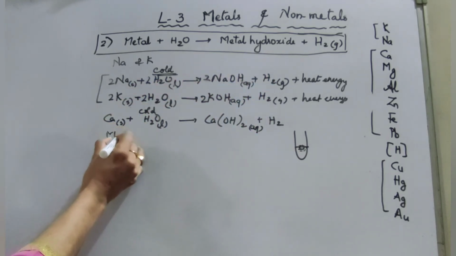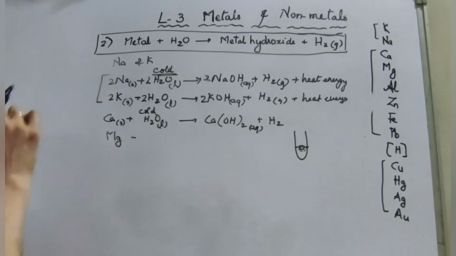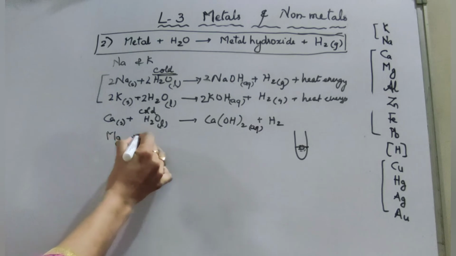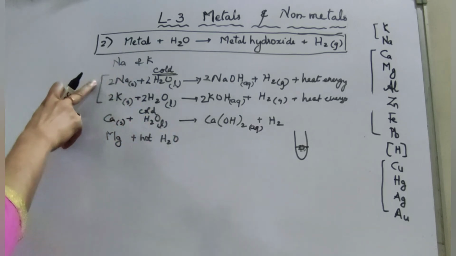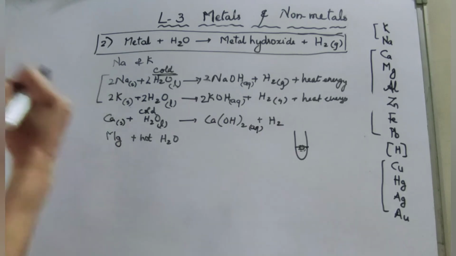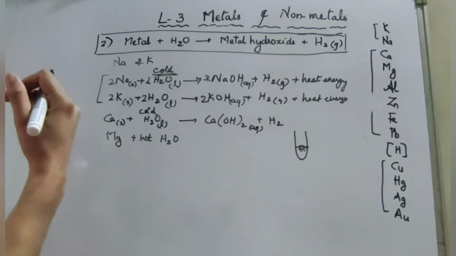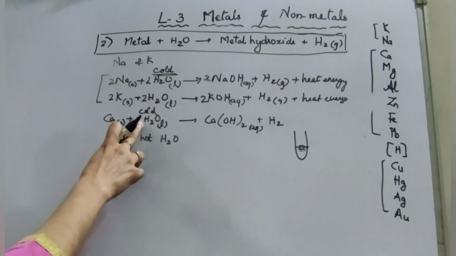Next, the second middle reactivity metal is magnesium. Magnesium does not react with cold water. Then which water? It reacts with hot water. Very important thing: sodium reacts with cold water, potassium reacts with cold water, and the next member after the highly reactive ones, calcium, also reacts with cold water.